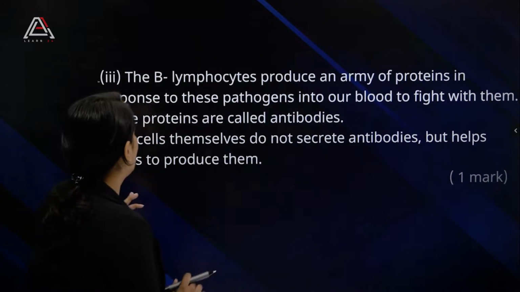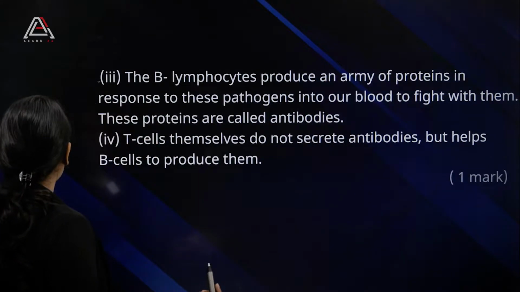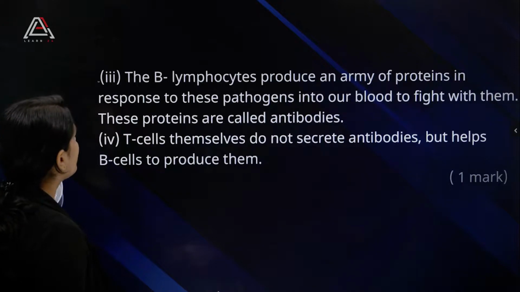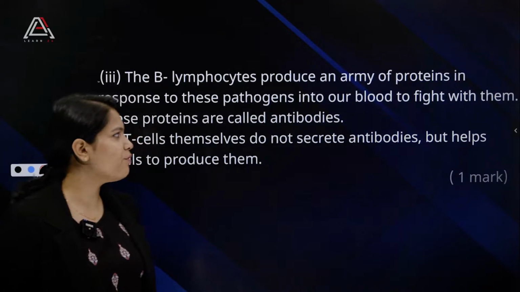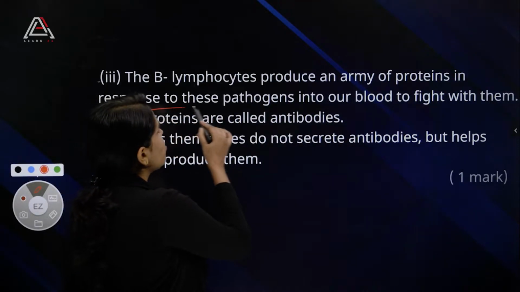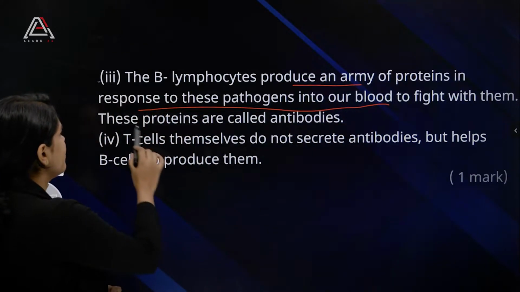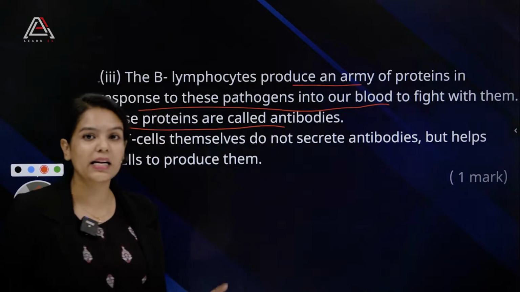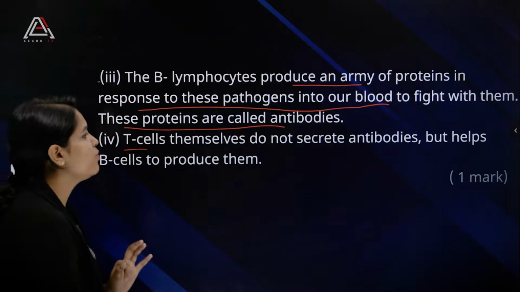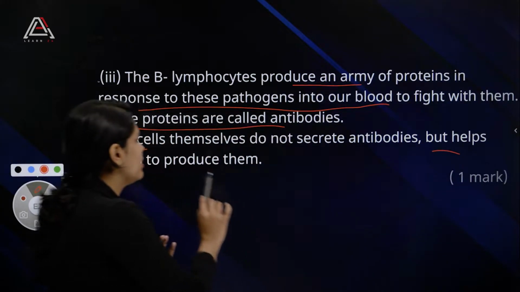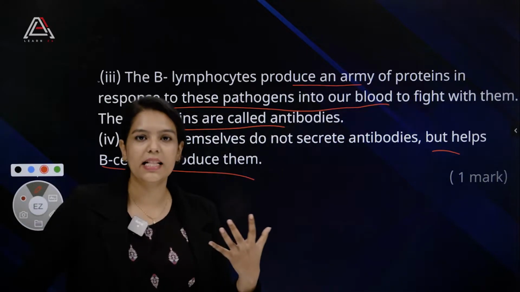Perfect. And then the function of B lymphocyte and T lymphocyte in response to pathogen in our body: it produces an army of proteins, and these proteins are called antibodies. What does T cell do? It helps the B cell to produce them.